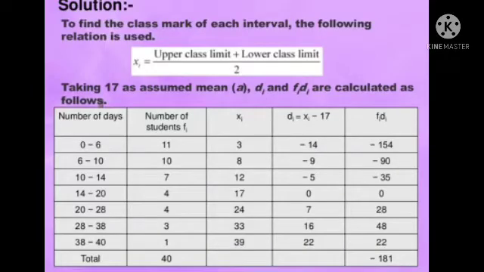To find the class mark of each interval, the following relation is used. The formula states xi is equal to upper class limit plus lower class limit divided by 2. Taking 17 as assumed mean A, di and fi di are calculated as follows.